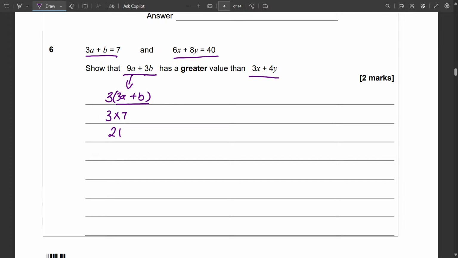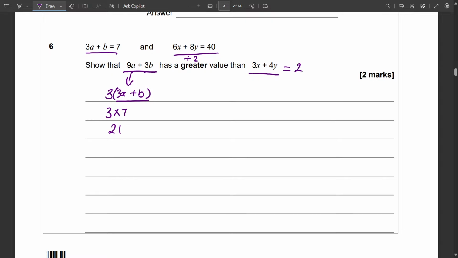Similar thing happens here. Look at this connection. 6x to 3x, we're dividing it by 2. 8y to 4y, again dividing it by 2. So to work out the value of this one, I need to divide this 40 by 2. So we know that 3x plus 4y is going to be half of this 40, so that will give you 20.